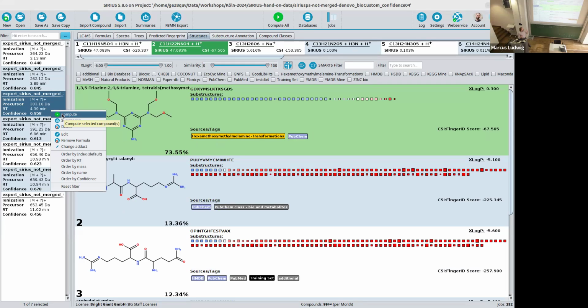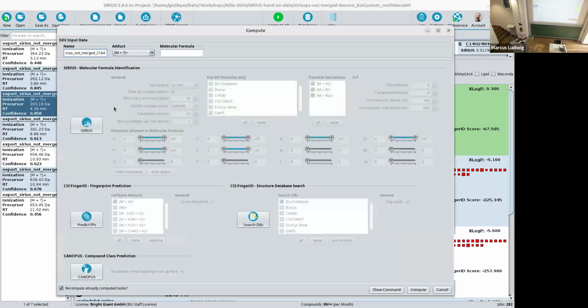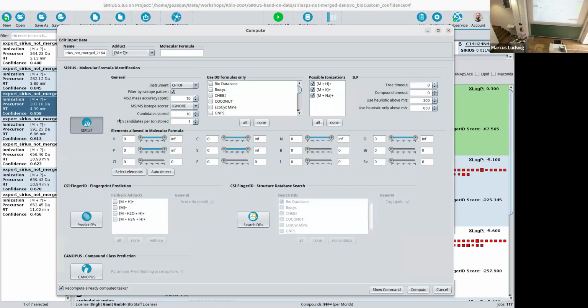Because all these molecular structure annotations always depend on the correct adduct being used. So if you are not certain that the correct adduct was used, you could even change this here and rerun it with different explanations. That was for this compound here.